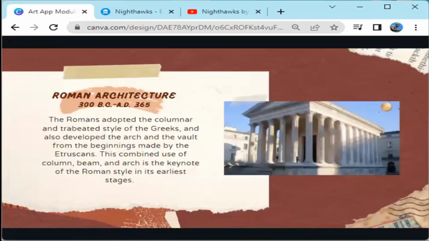Tapos i-improve nila. So the Romans adopted the columnar and trabeated style of the Greeks and also developed the arch and vault, from the beginnings made by Etruscans. This combined use of column, beam, and arch is a keynote of the Roman style in its earliest stages.